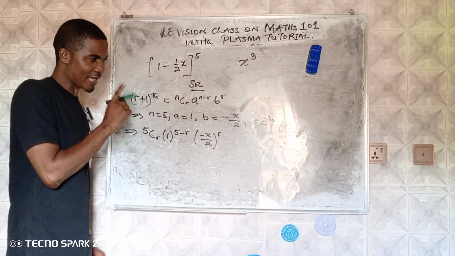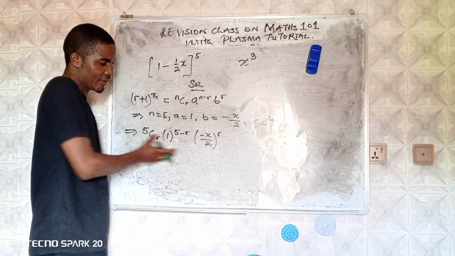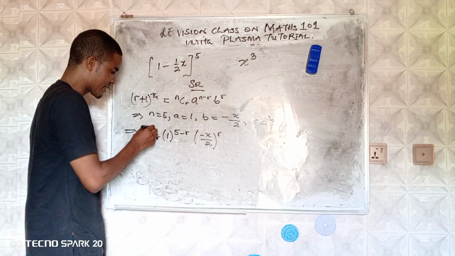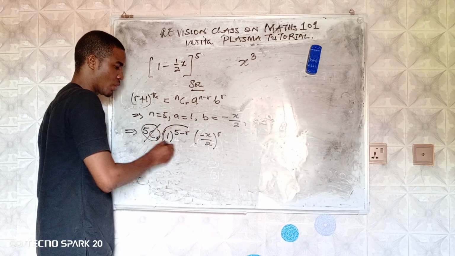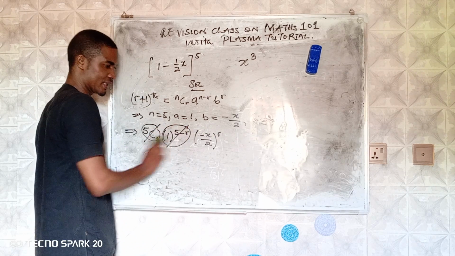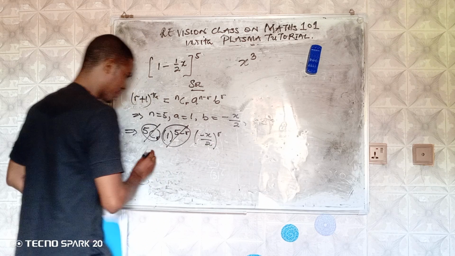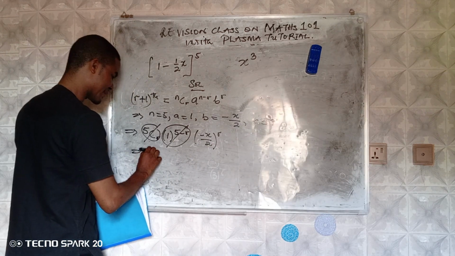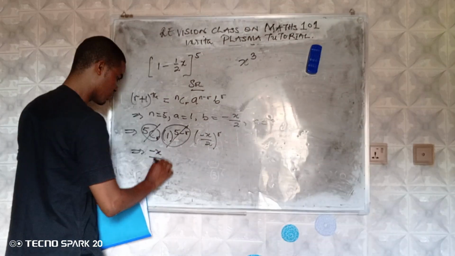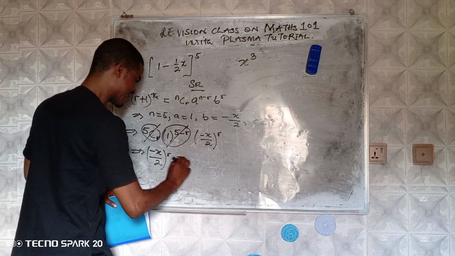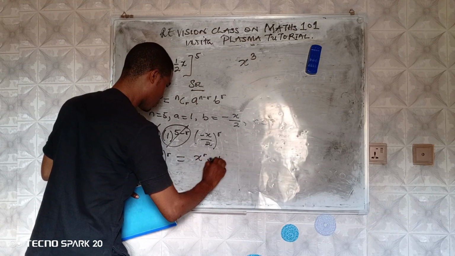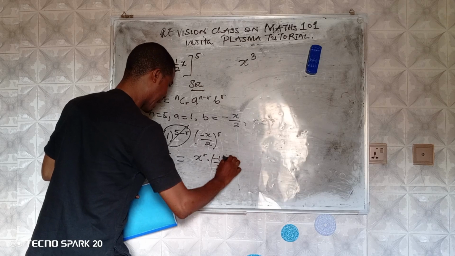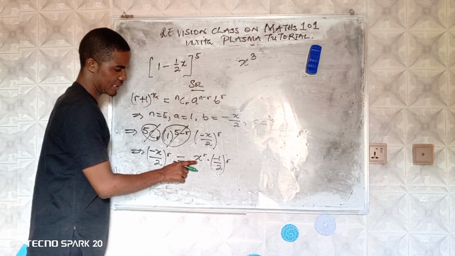So what I'm actually going to be looking for here is to get out the factor of x. This one has no x, I don't have any problem with it. This one has no x, I don't have any problem with it. But this one has x, so let me simplify this further. Minus x over 2 all raised to power r is the same thing as x raised to power r times (minus 1 over 2) all raised to power r.